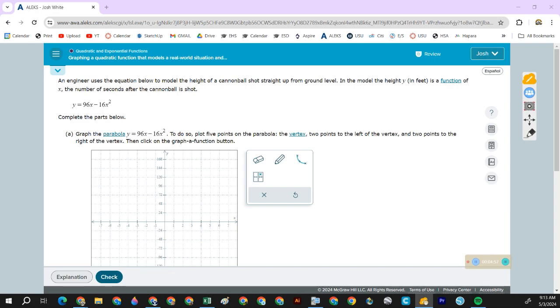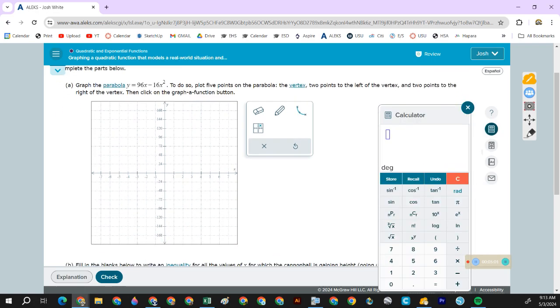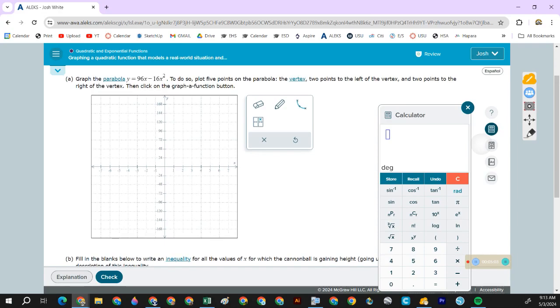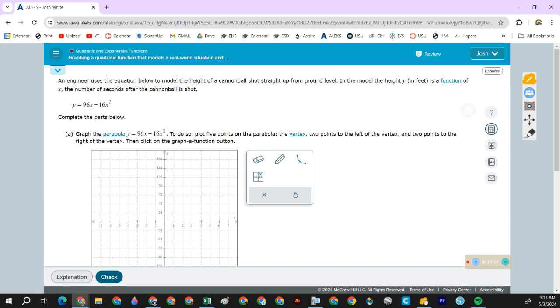Oh, maybe they do. Do they give me access to the graphing calculator? No. Okay. I'm going to try to bump this into the next section.